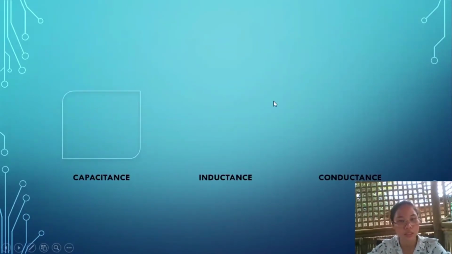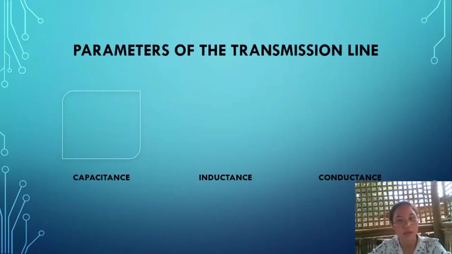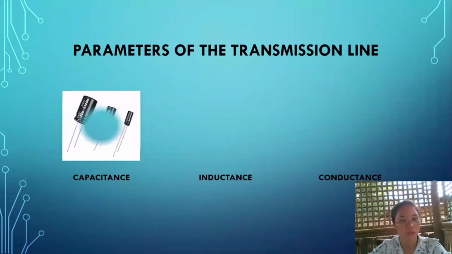So next is the capacitance. As we have already discussed, a transmission line is composed of two parallel conducting wires separated by dielectric material. So it behaves as a parallel plate capacitor.